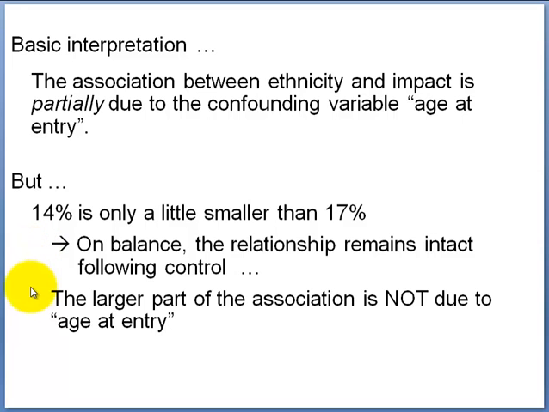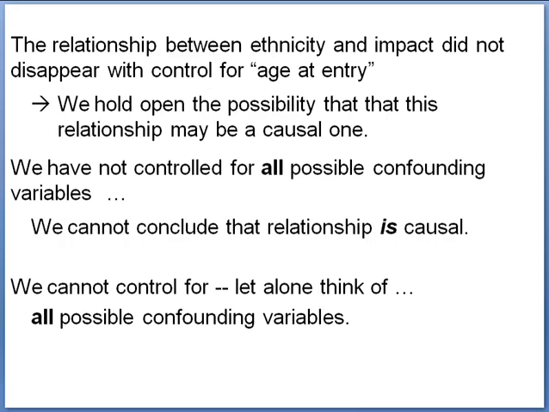And clearly in this example, the larger part of the association, so to speak, the 14% versus the 3%, the larger part of the association is not due to age at entry. So the relationship between ethnicity and impact did not disappear when we controlled for age at entry.